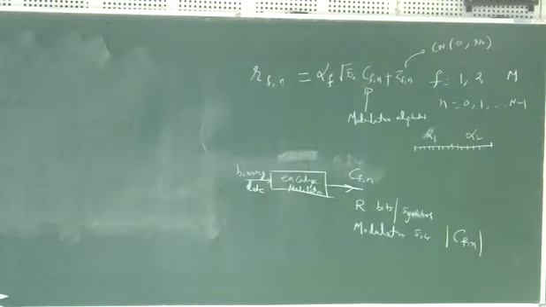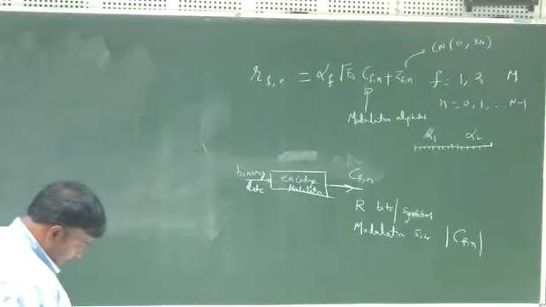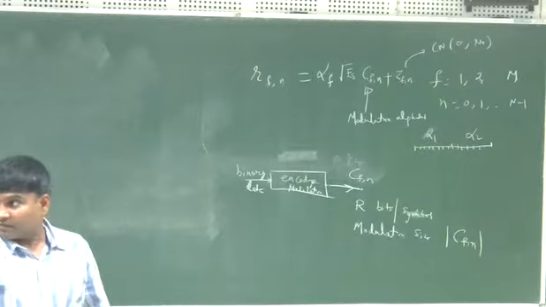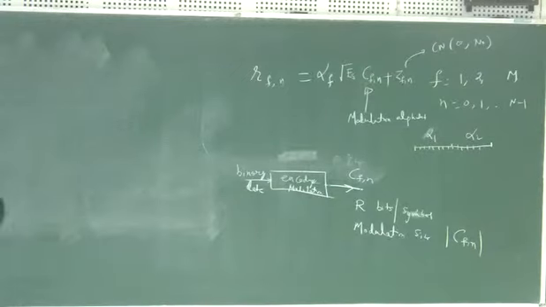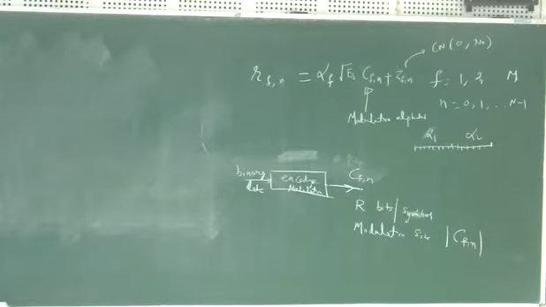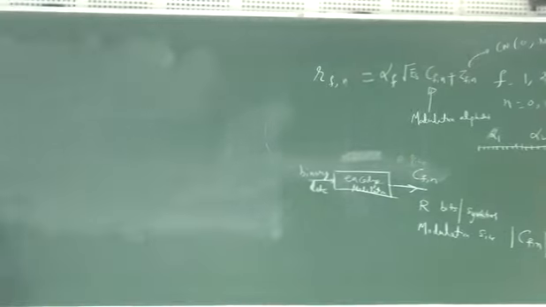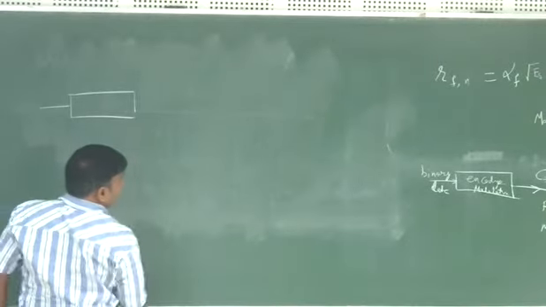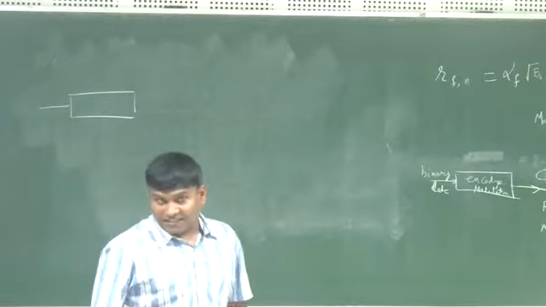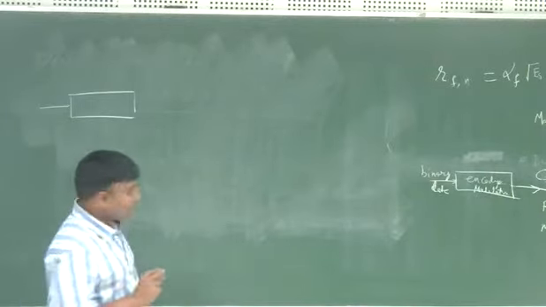So what do you need to do at the receiver? Have the received signal. What do you need to do? Decode. And what is the input to the decoder? There are no LLRs here; that's one particular way of doing it.